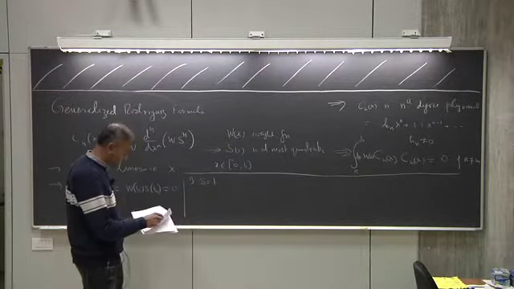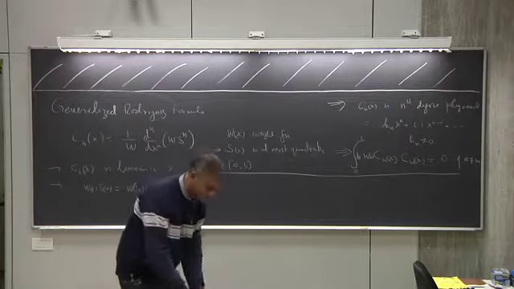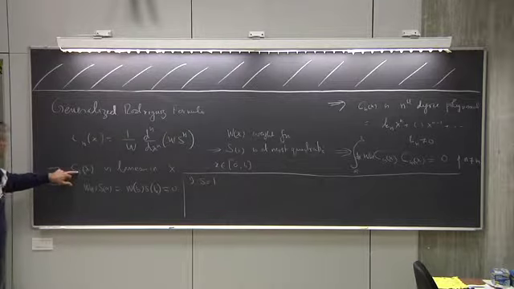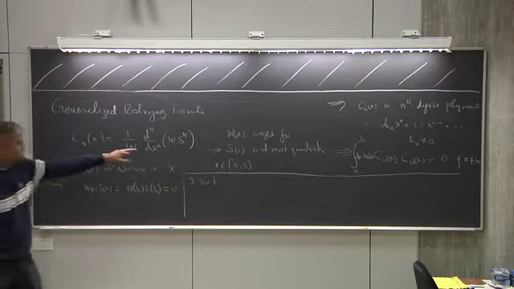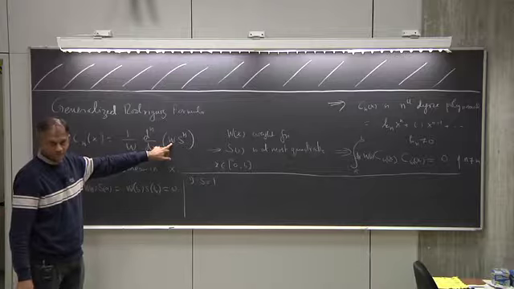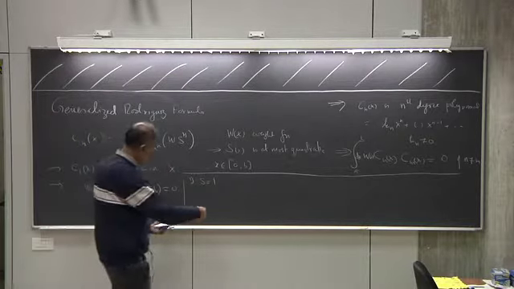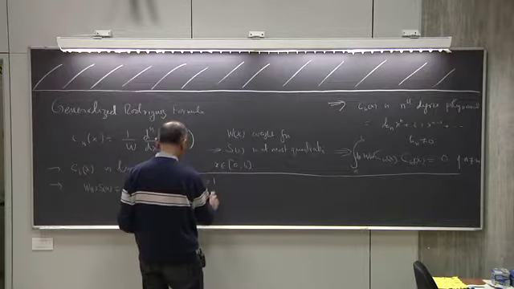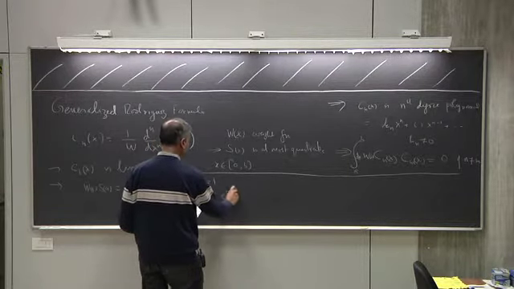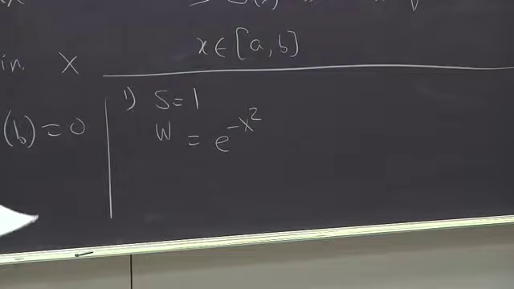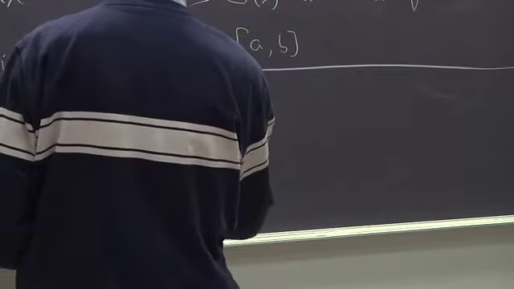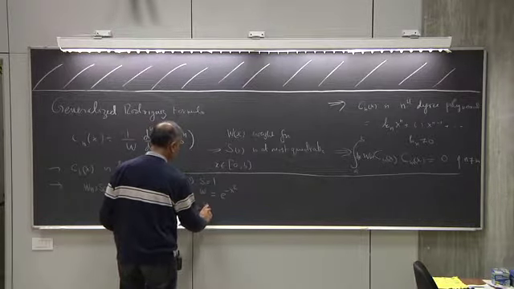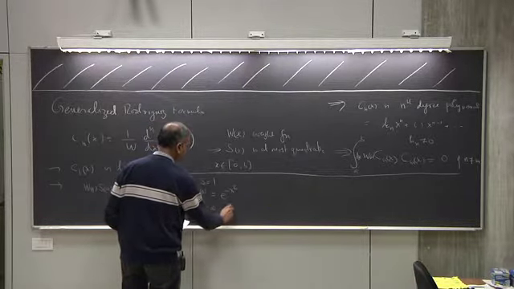And in this case, the requirement that C1 x is linear gives you a condition on w, and from that you find that w of x is e to the minus x squared, and x belonged to minus infinity to plus infinity.